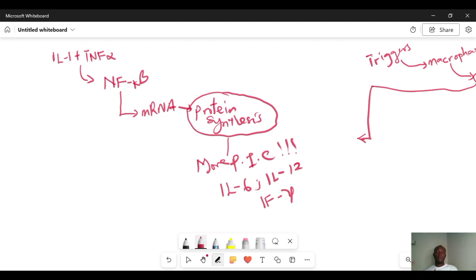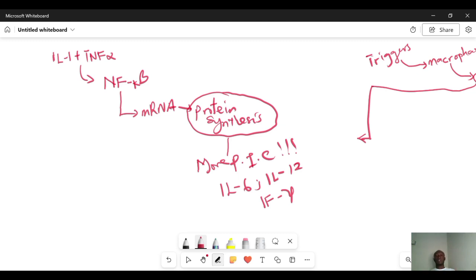From promoting coagulation, to inducing vascular permeability, which leads to pooling of blood away from the vascular space, crashing the blood pressure, bringing down effective circulation volume, reducing tissue perfusion of end organs, to inducing the activation of nuclear factor kappa B, which goes on to activate messenger RNA that promotes protein synthesis to make further pro-inflammatory cytokines. So you can see how busy these initial cytokines are.